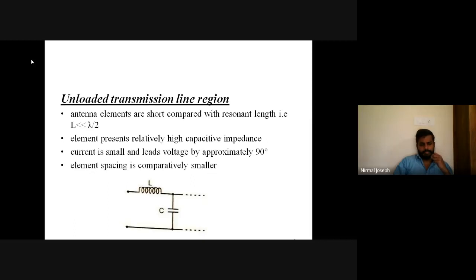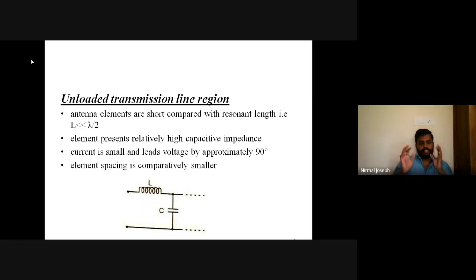That means the length of an element, generally L, will be much less than lambda by 2. As I already told, this can be treated as a capacitive region. So here elements present relatively high capacitive impedance.